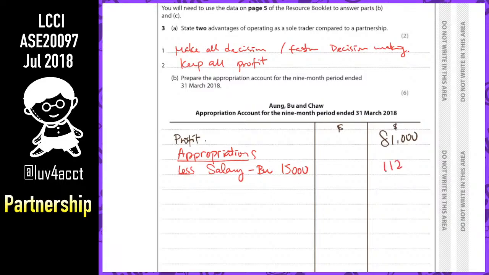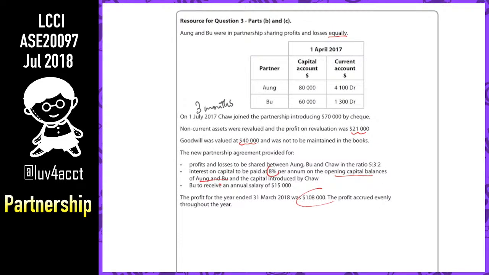So 11250. Okay, and then next we have interest on capital for the 3 partners. Okay, An, Bu, and Cho. 8%. Here we have for An and Bu opening capital balances, and then for Cho it is capital introduced by Cho.